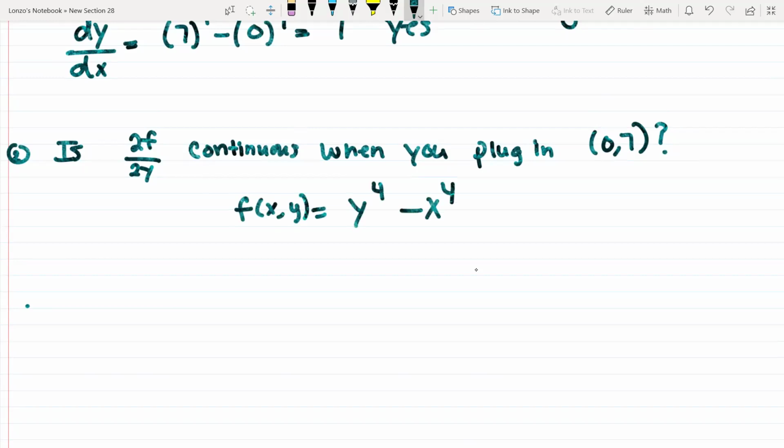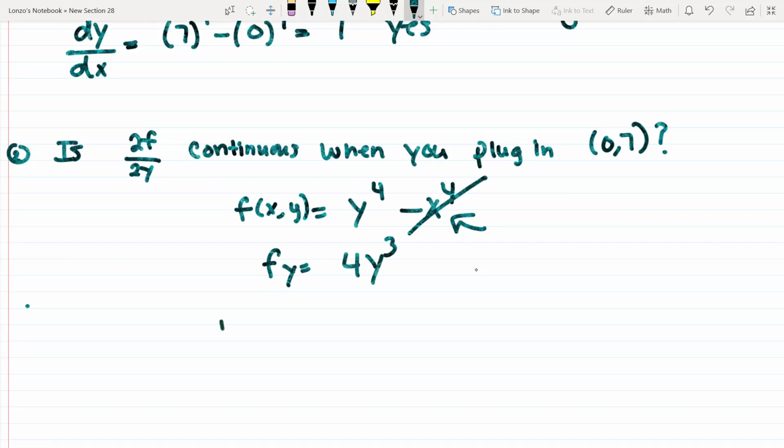If we take the derivative with respect to y, anything that doesn't have a y doesn't really matter. You ignore it, or you could think of it as a constant, right? This x to the fourth isn't in terms of y, so just ignore it. So the derivative with respect to y is basically the derivative of y to the fourth, which is 4y to the third.